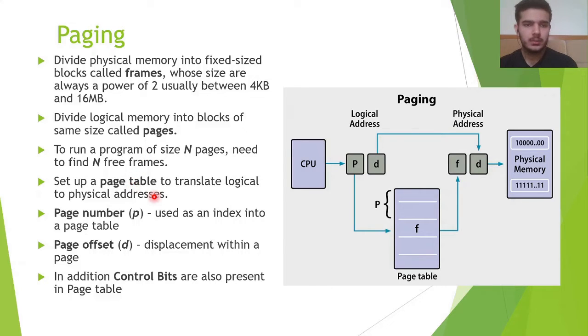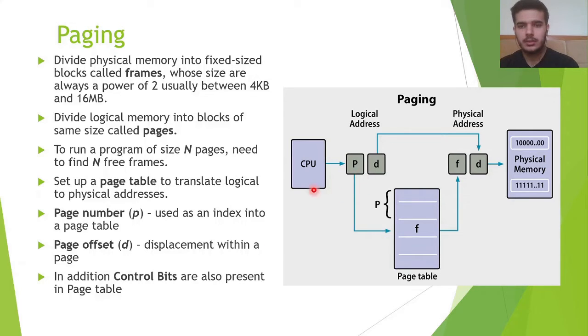To facilitate the process of mapping, the page table is used, and it uses a page number and offset to locate the address. In addition, some control bits are also present which indicate whether the entry is invalid or valid, like whether the data is present or not, and dirty or not, that is, whether something has been written in the page or not.